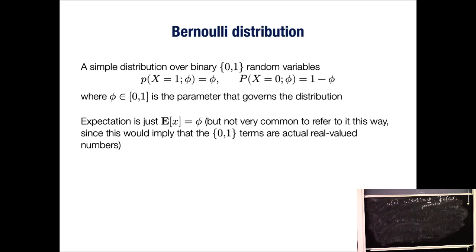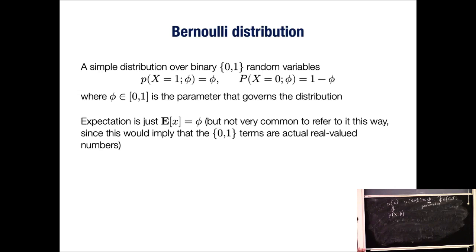Namely, and by convention, we use the probability that the random variable is equal to 1. And the way I write this is, I'm actually going to change the notation a little bit. I'm going to write this as the probability of x semicolon phi. And the way I say that is the probability of x parameterized by phi. All that means is that phi is the parameter governing that distribution.